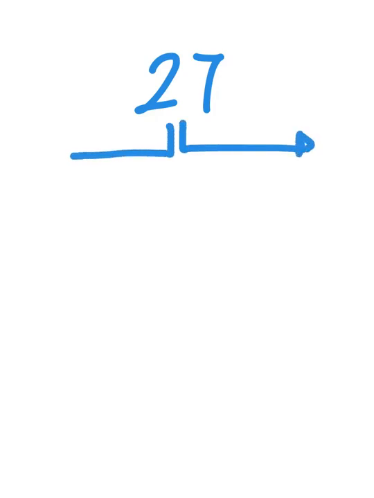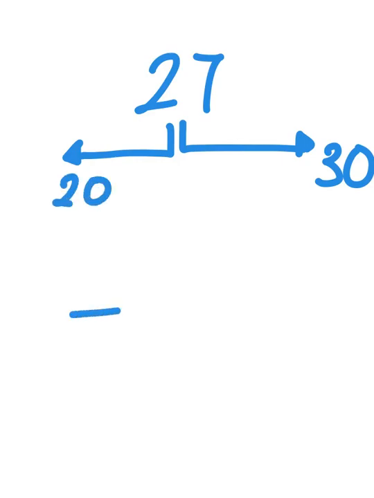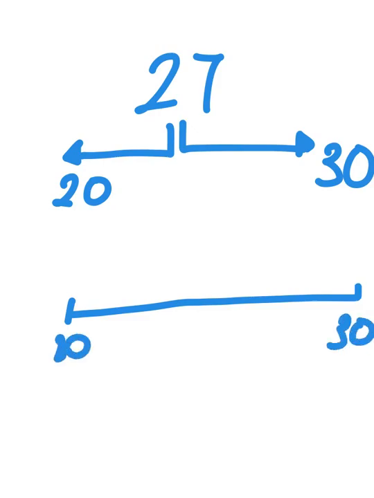Another example, the number 27. We're going to round it to the nearest 10. So we need to find the numbers that 27 is between. If we go this way, we're going to run into 30. If we go this way, we're going to run into 20. Now you draw the line, and here is 20, here is 30, and you draw 21, 22, 23, 24, 25, 26, 27, 28, 29, 30.